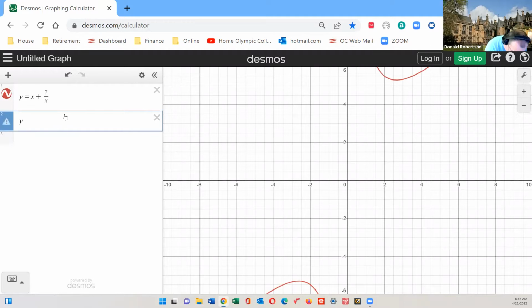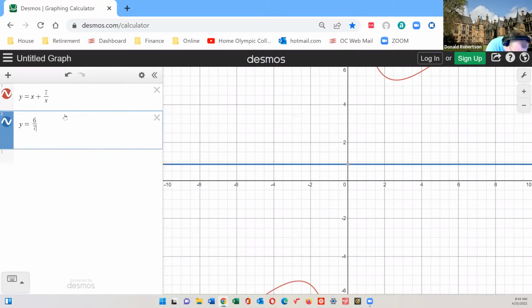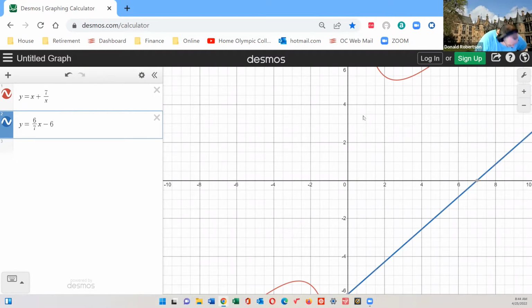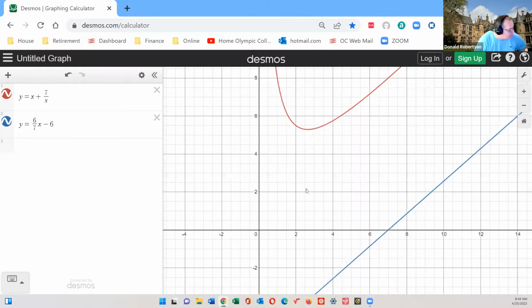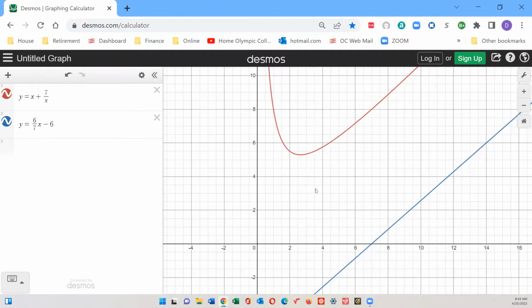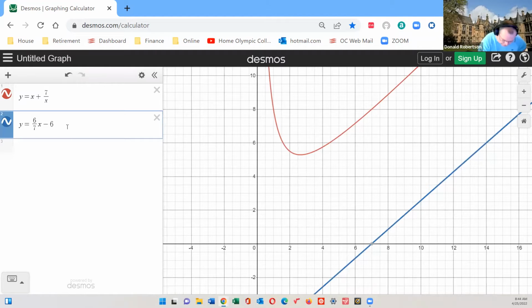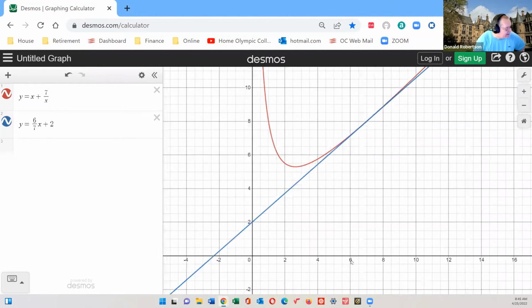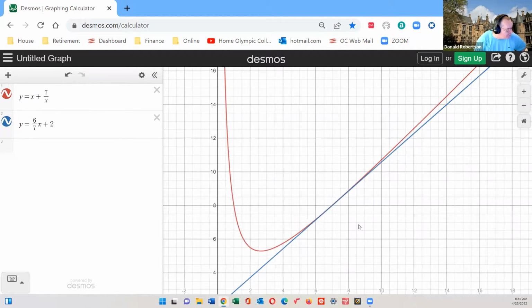And then y equals 6/7 x take away 6. Okay, and what's the point I'm looking for? 7,8. Oh dear. And the oh dear was because I didn't write down the right equation. That was the equation of the tangent line. And it's now not an oh dear. Would you agree that that is a really nice fit? There's the point we're interested in there, right? Isn't that a nice tangent line?